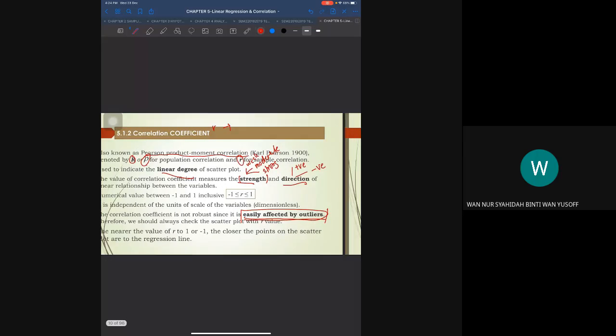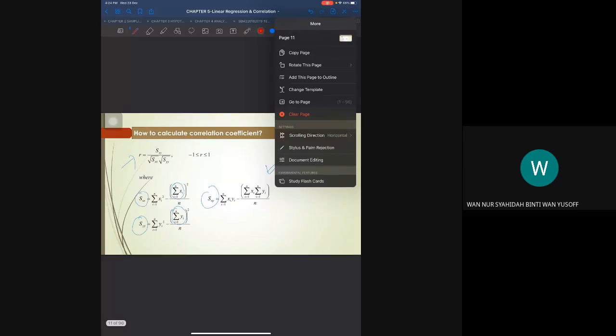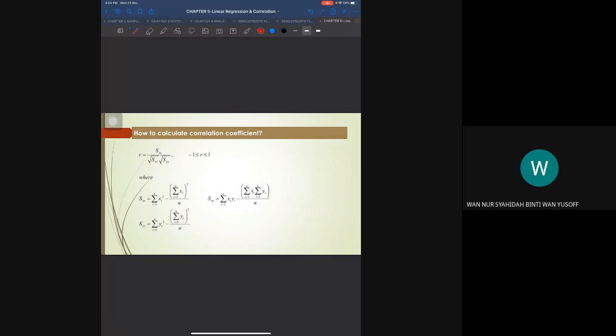Okay, it is affected because of the formula itself. When we calculate the R here, R is about the Sxy, Sxx, Syy. To calculate these three measures, we use the sum of the values.